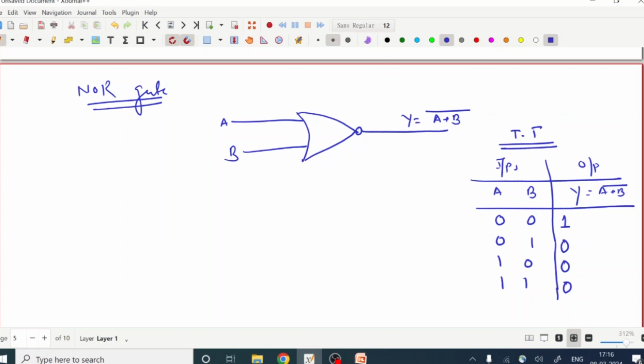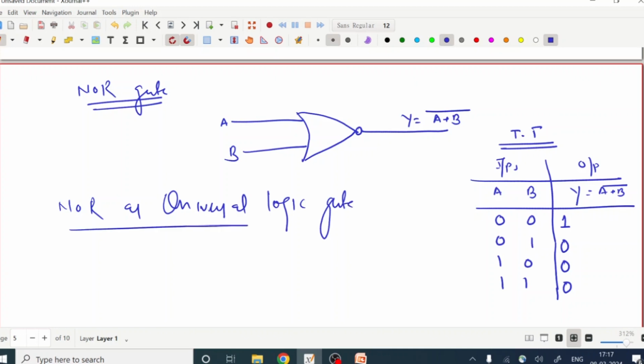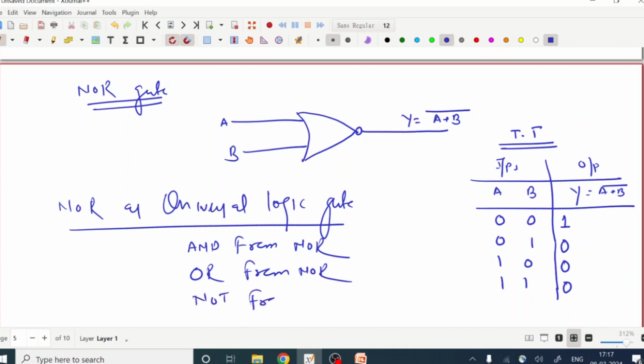Now the question is how we can prove that NOR gate is a universal logic gate. For proving NOR as a universal logic gate, simply we design AND from NOR, OR from NOR, and NOT from NOR.